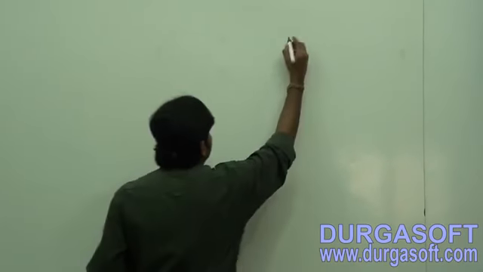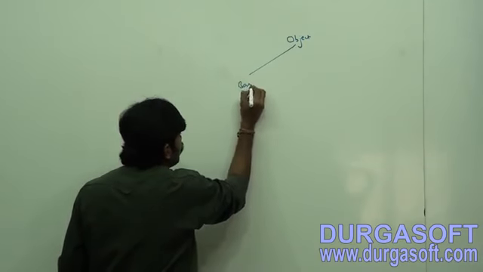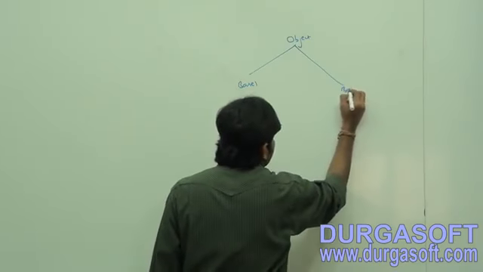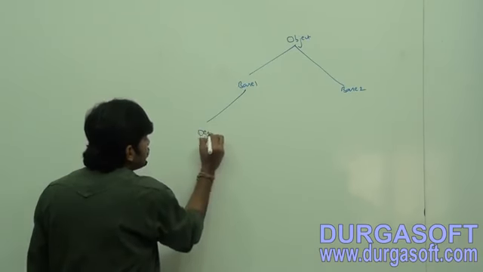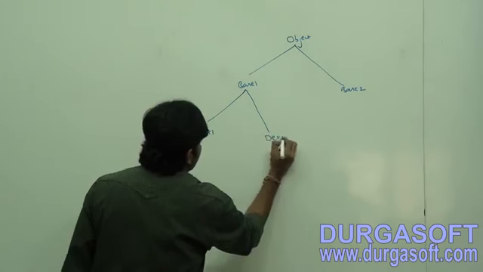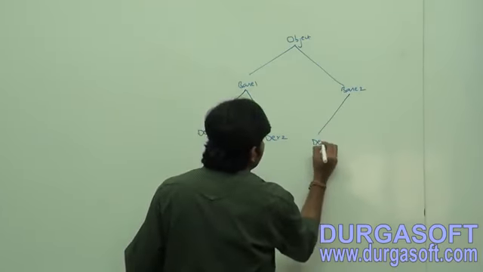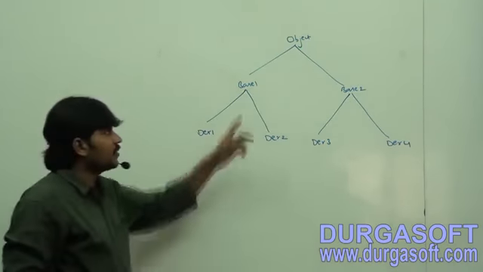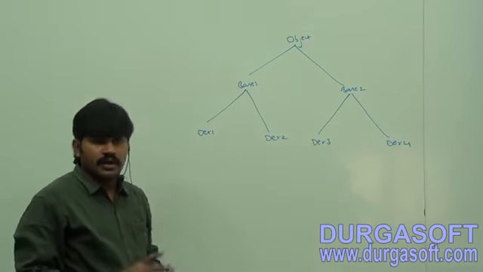This Object class contains 2 child classes, Base1 and Base2. Base1 contains 2 child classes, Derived1 and Derived2. And here, Derived3 and Derived4. Are you getting it? Object, Base1, Base2, Derived1, Derived2, Derived3, Derived4.